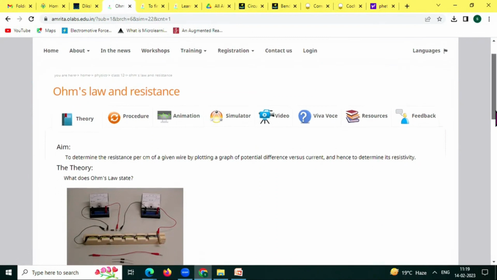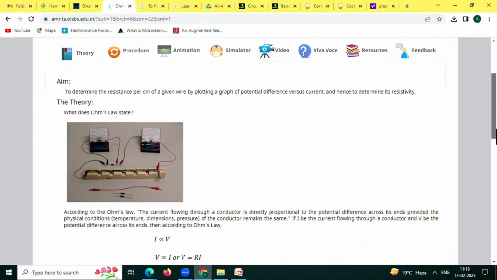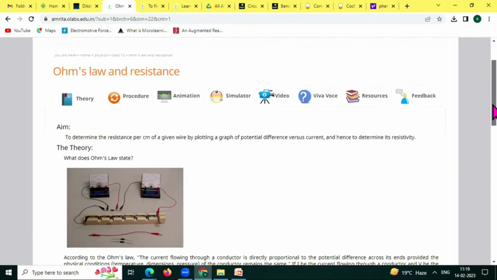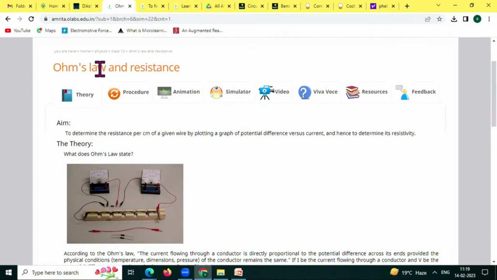The experiment is to determine the resistance per centimeter of a given wire by plotting a graph of potential difference versus current, and hence to determine its resistivity. You can see here one icon is for theory.